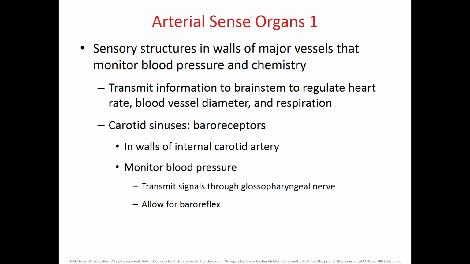And they help to monitor the blood pressure, and when you have changes in the blood pressure, they send a signal into the brain through cranial nerve number 9 or glossopharyngeal, and then you will elicit a response that is called the baroreflex.